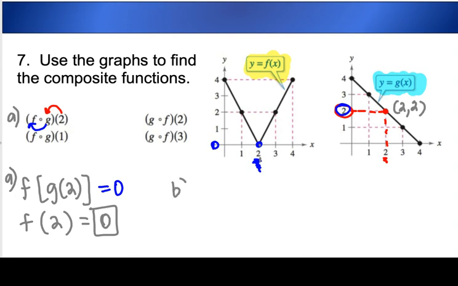Okay, let's do B. Let's go to the right and do B. Let's do g of f of 2. Well, what's f of 2? I'm going to erase these marks right here.